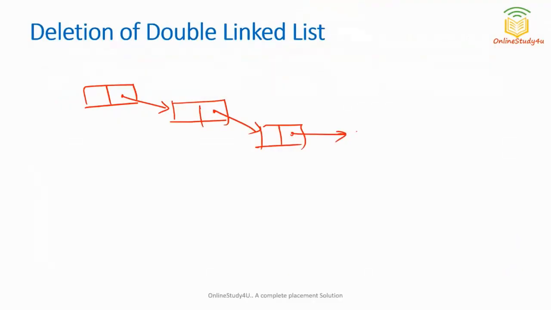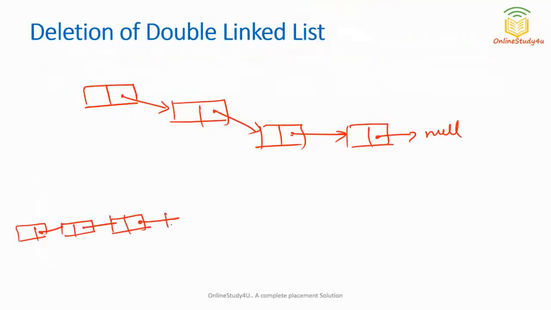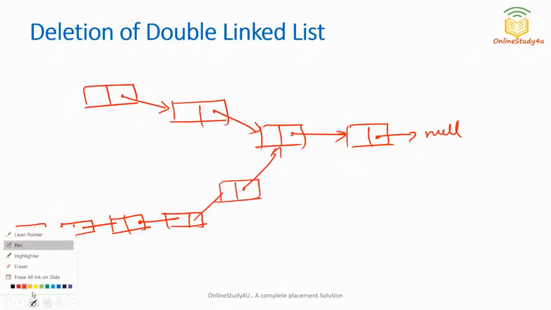This is one linked list pointing to null, and you have another linked list. So these are having some values. Let us take some values like 1, 2, 3, 4, 5, 6, 7, 8, and 9.